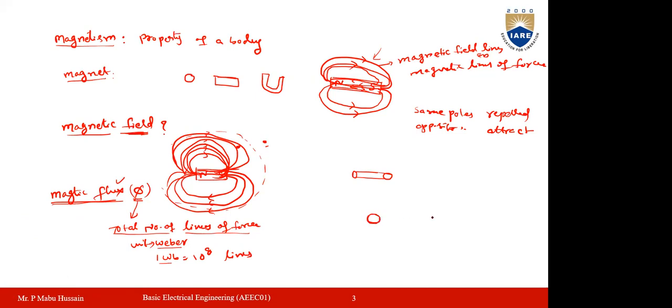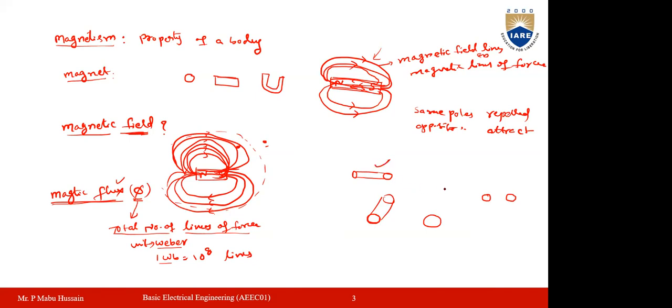Like this also you can represent. So these circles you can call current conductors. That means it may be having a shape like this, but we will represent only one circle. So while drawing the diagrams, you may represent the conductors as circles. Sometimes you can even represent like this also.